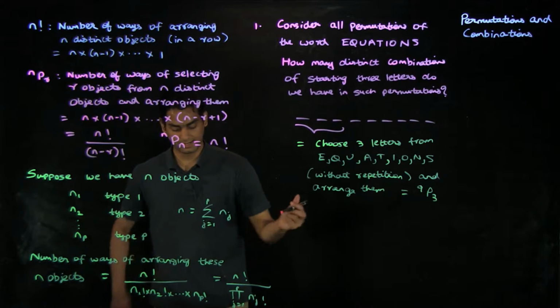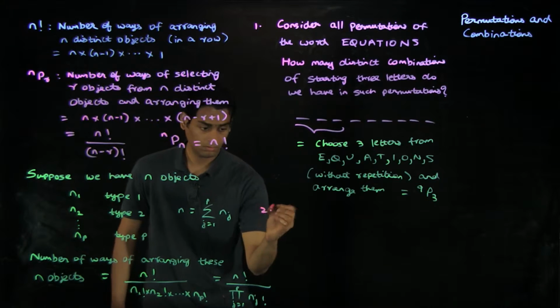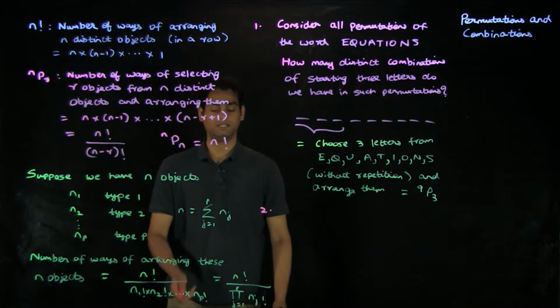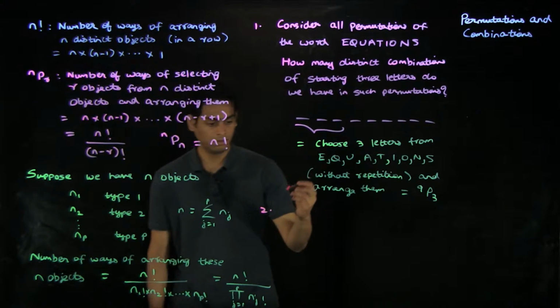So let's look at a second example, the one where some of the objects are identical to each other.